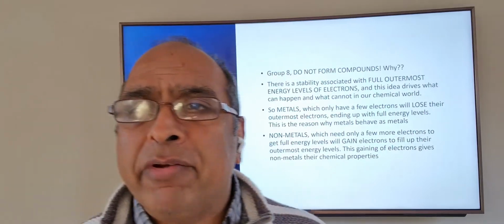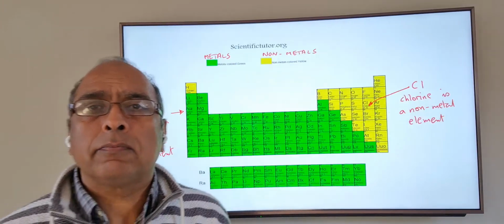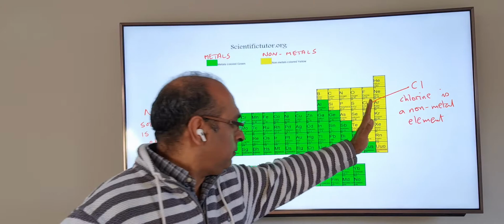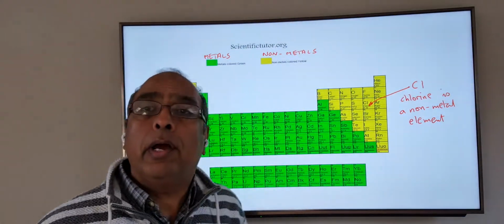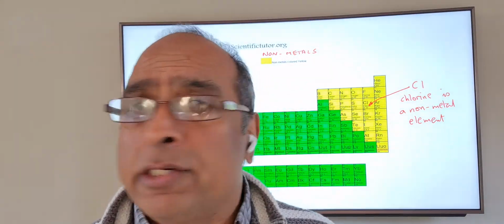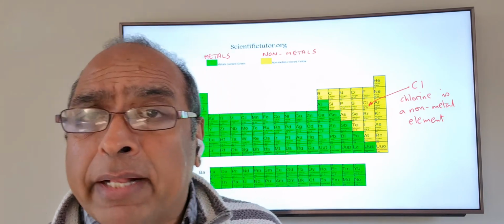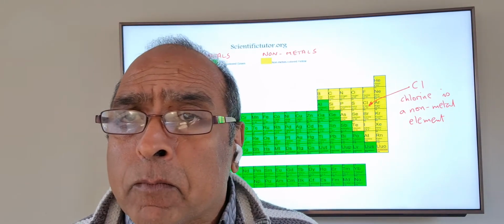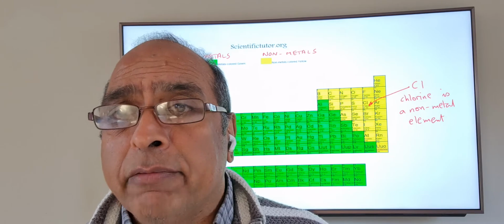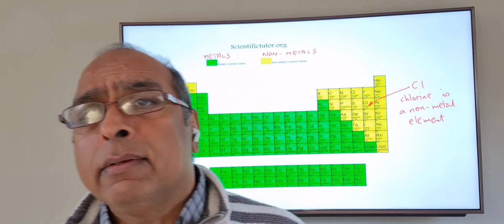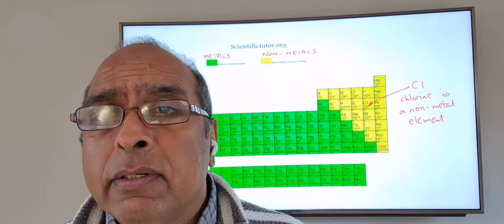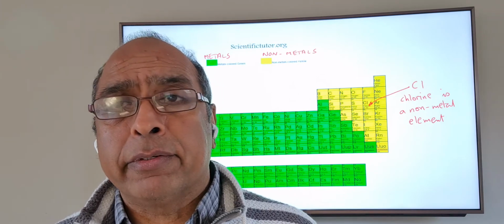But what about everything else? Let's go back. Everything else has not got full outermost energy levels. Everything else will want to get full outermost energy levels, and everything else will react in order to get full outermost energy levels.